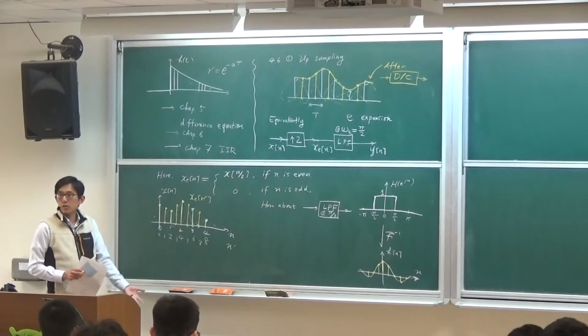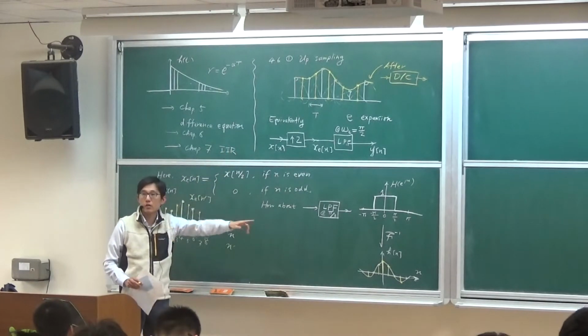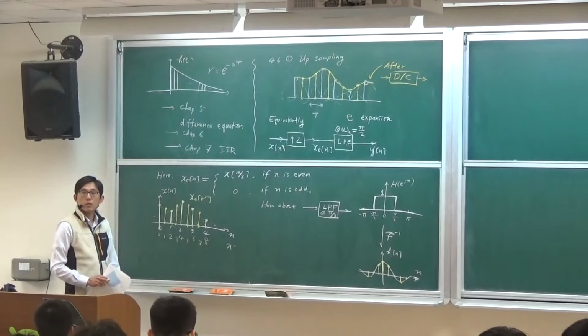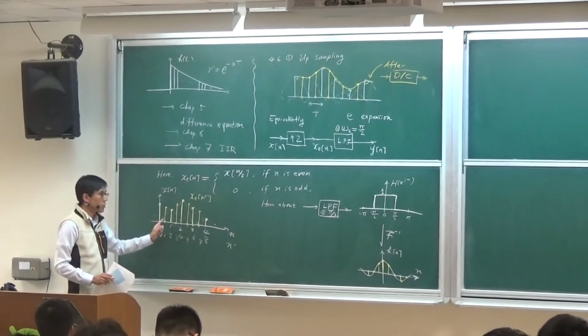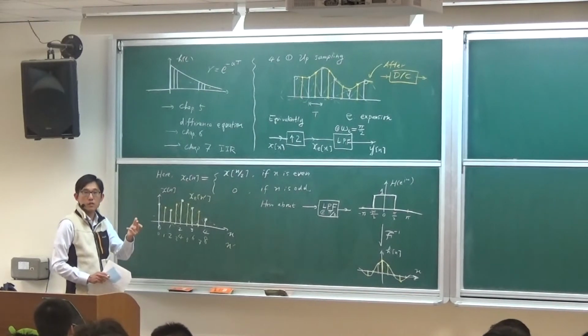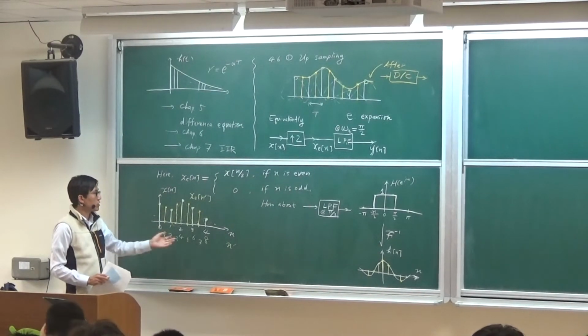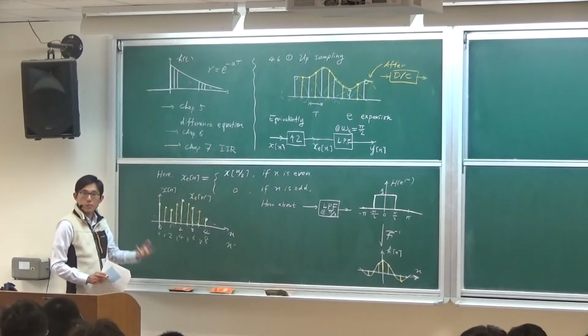So to do the interpolation, we don't need to interpolate like that everywhere. We just need to insert one point in between every pair of adjacent points. Okay? So this is what we are suggesting to do to perform upsampling.